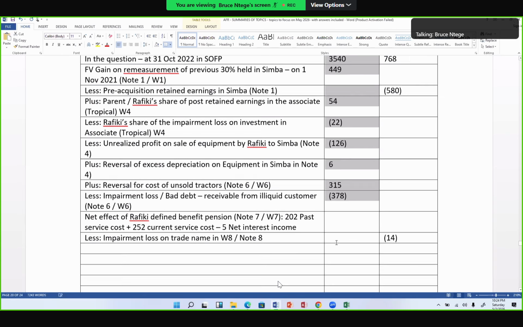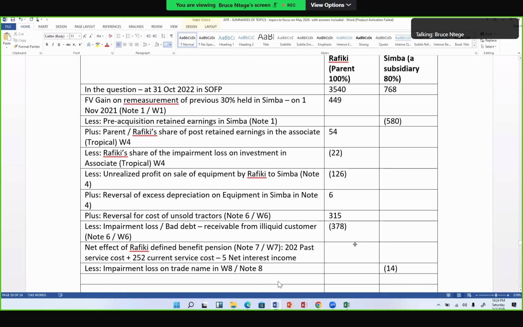So I'll say 3,540. I'm starting with the figure for Rafik, this figure here. So 3,540 plus 449, then plus 54, then minus 22, then minus 126, then plus 6, then plus 315, and minus 378.